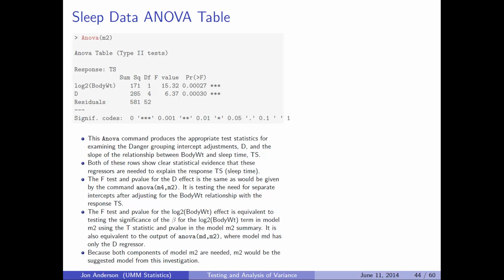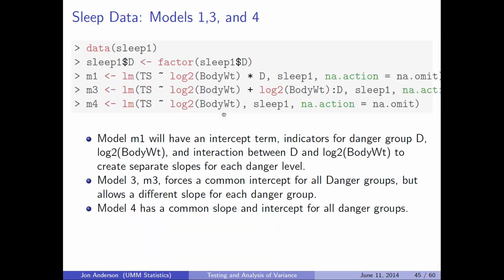So it looks very clear that both of these model components are needed, and it looks like a model like M2 is a reasonable one. There's no reason and not a good idea to think a single line is good enough here. So because both of these components, the slope and the separate intercepts and line shifting, appear to be needed, Model 2 looks like a good candidate.